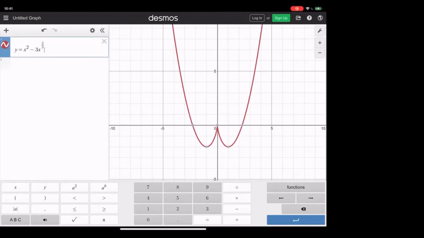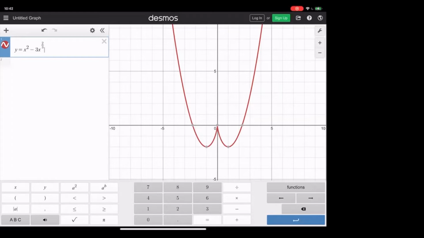So when I graph this here, what can you see? You can see now why it's not differentiable. It's not differentiable at that point, at the origin, 0, 0. And the reason why is because we have a cusp at that point. So it's okay that it's not differentiable there.